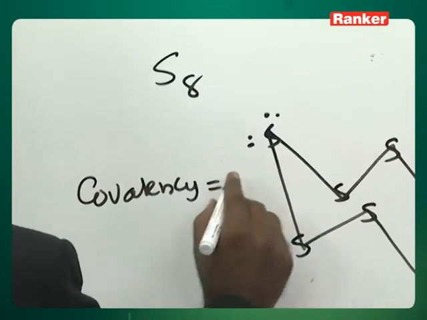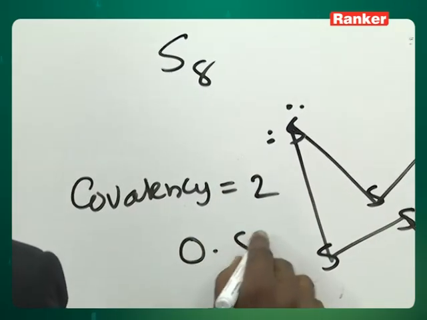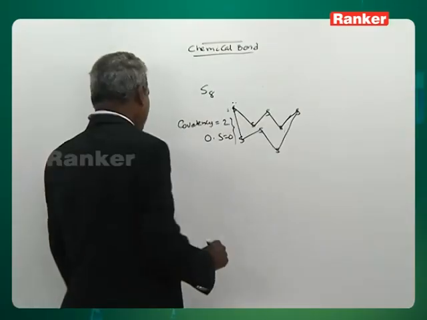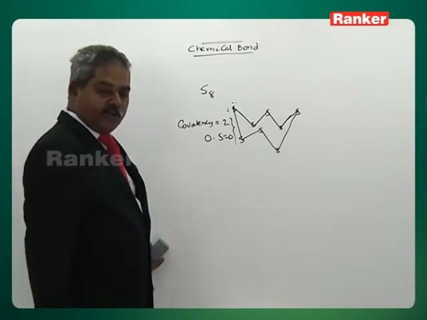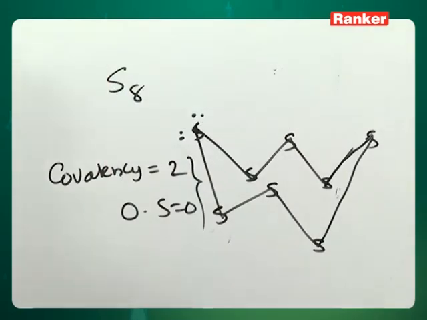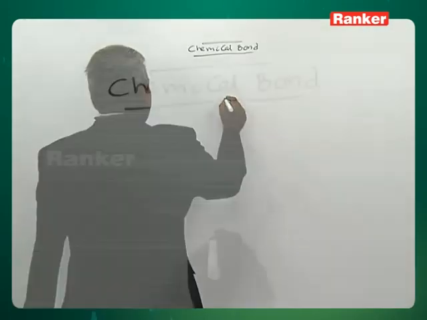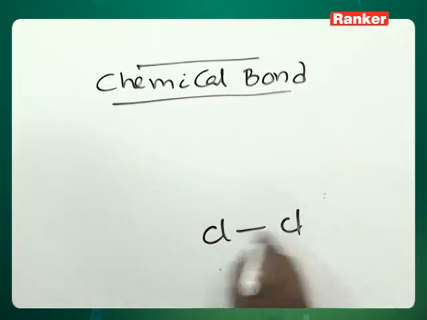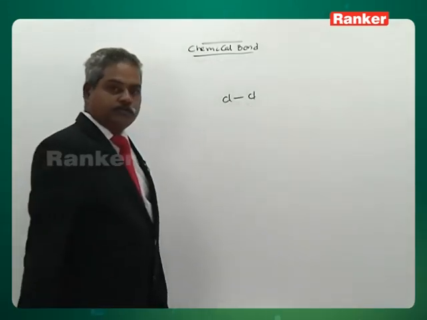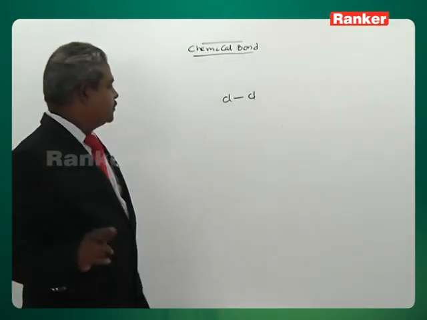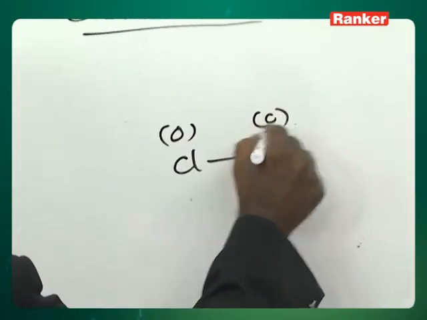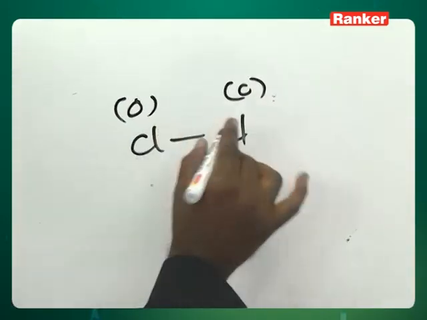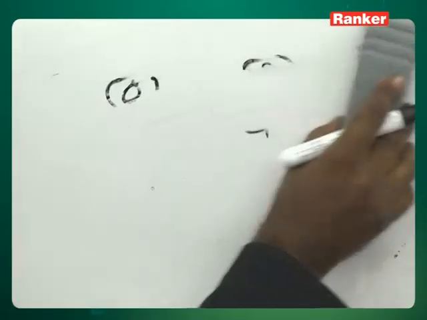Each sulfur is forming two bonds, but it is not winning an electron, not losing an electron. So the oxidation state is 0. What about Cl2? No win, no loss, so 0. Neither losing nor winning, two chlorines.